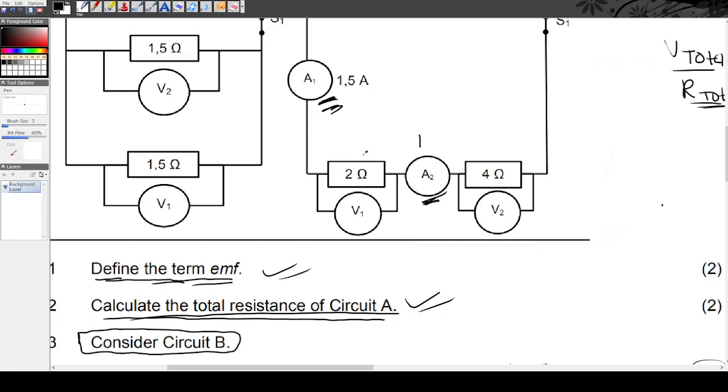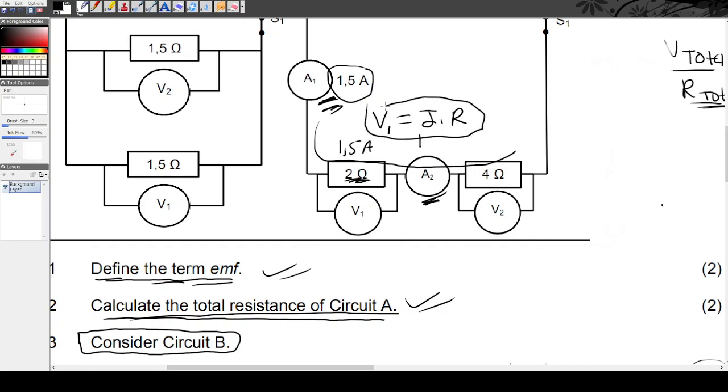Okay, that's dope. We know the current, they want the voltage. You know current is 1,5 amps. Why? Because it's the same current that flows passing through this. And you know the resistance. So according to Ohm's law, if we want to find V1, it should be I times R. Learn this formula. It's very powerful.